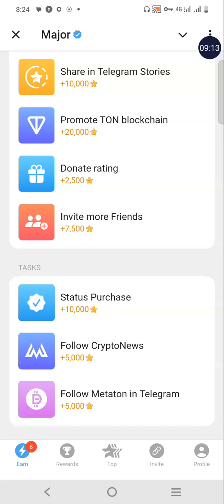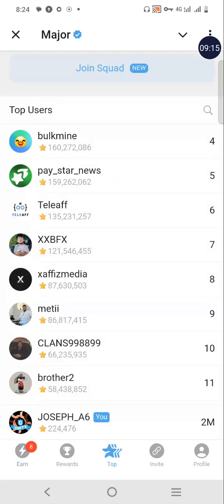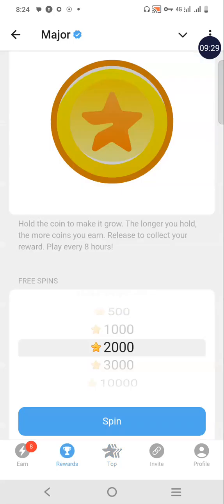Then the third interface is just the leaderboard, showing you the different people on the hierarchy and the amount of stars that they have earned so far. So just go through them. It's not very difficult, and for the reward, you can just spin, and if you are lucky, you'll be given something reasonable.